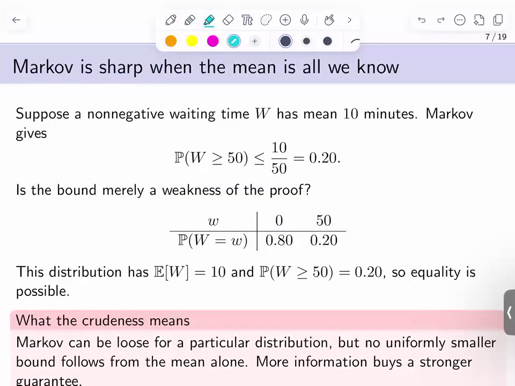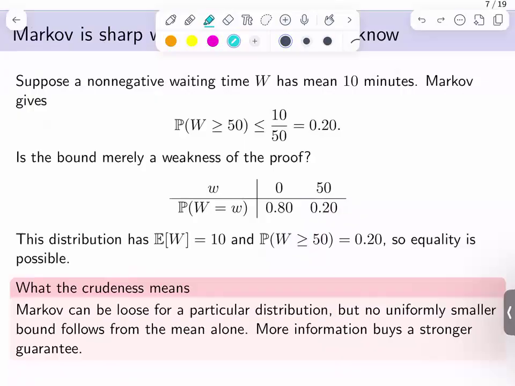And so this random variable has expectation 10, and the probability that it is bigger than or equal to 50 is exactly this probability, right? So this Markov inequality is tight in general. You can't improve it. There are random variables for which this holds as equality.